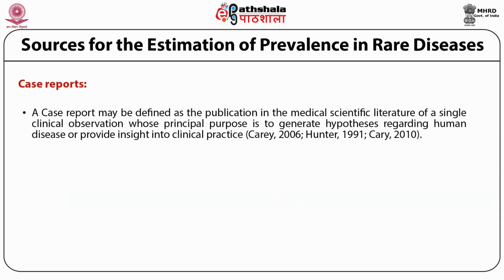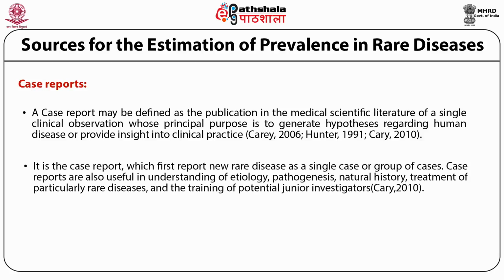A case report may be defined as the publication in the medical scientific literature of a single clinical observation whose principal purpose is to generate hypotheses regarding human disease or provide insights into clinical practice. It is the case report which first reports a new rare disease as a single case or group of cases.